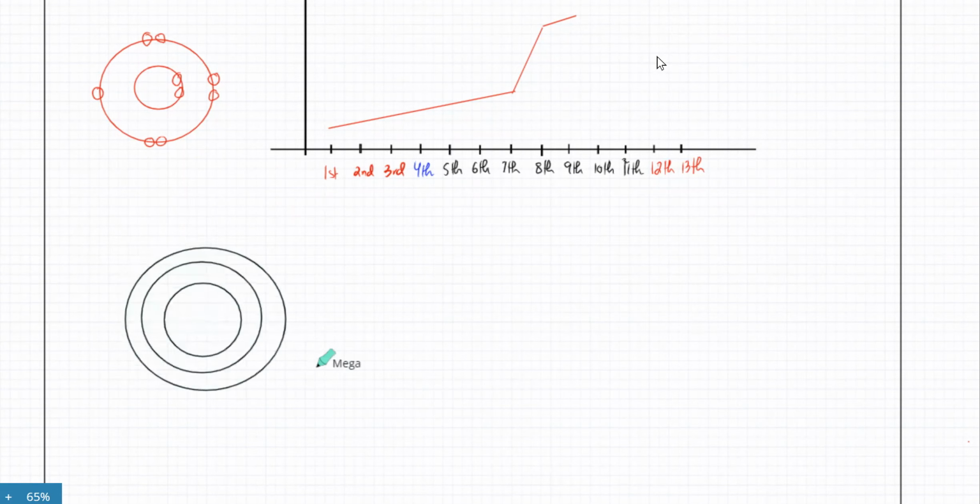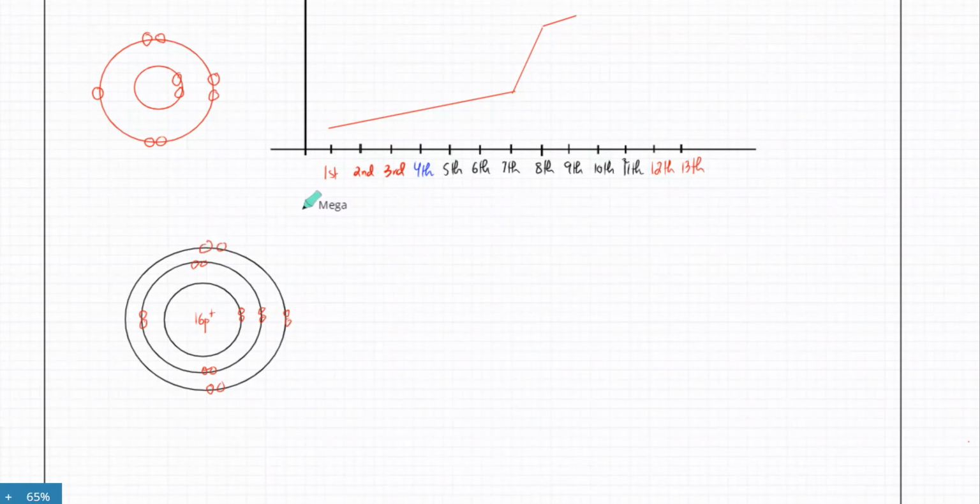Okay, so we've got three shells. And it's got 16 protons in its nucleus. They're the ones that are attracting all the electrons. So 2 electrons in the first one, 8 in the second one. And there's going to be 6 electrons in the last shell.